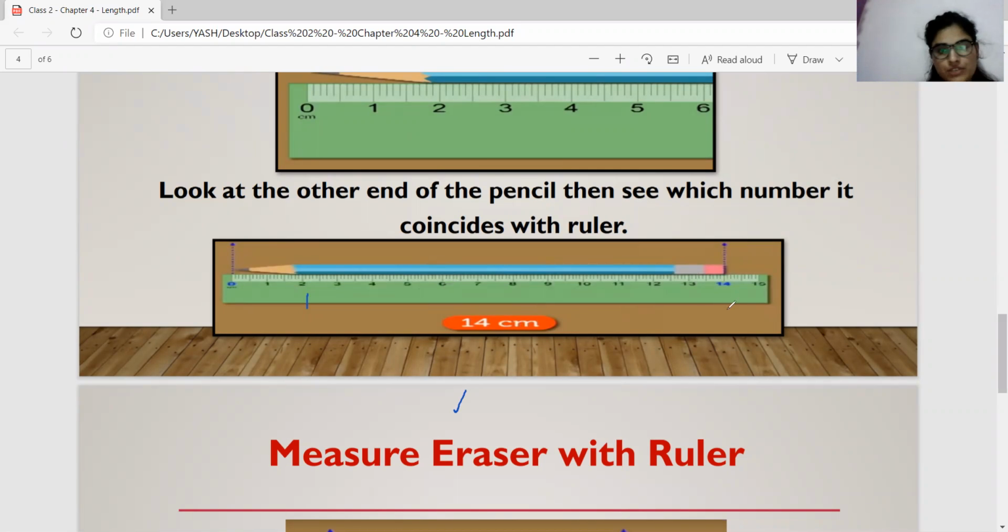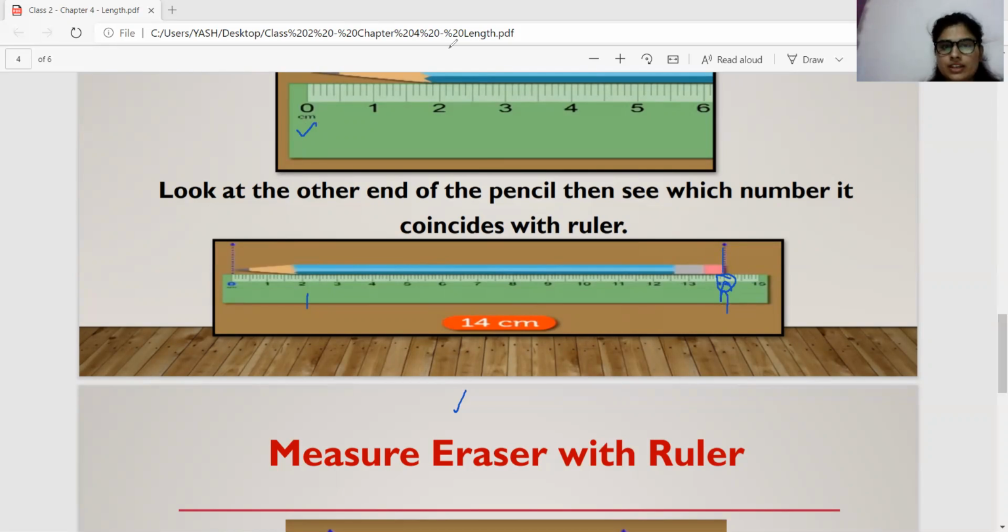You can tell me. On the ruler, you can see which number? 14. So the length of the pencil is 14 centimeter. Why? Because the ruler is in centimeters. So we always say 14 centimeter.